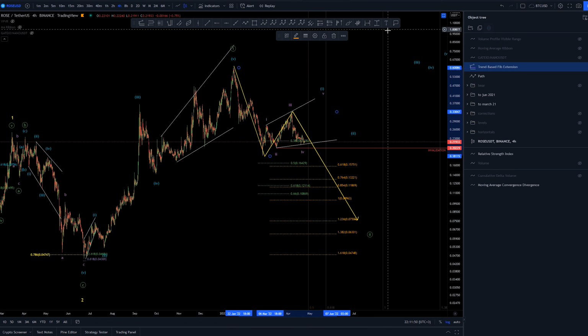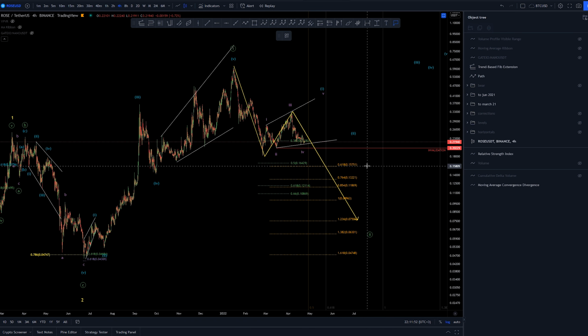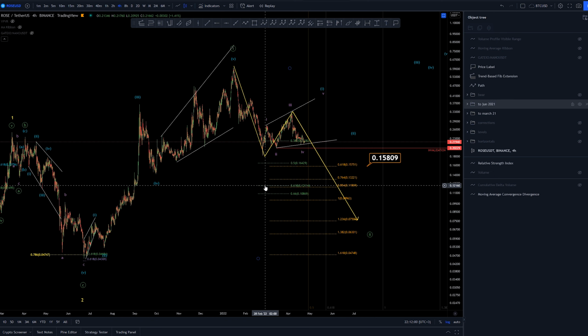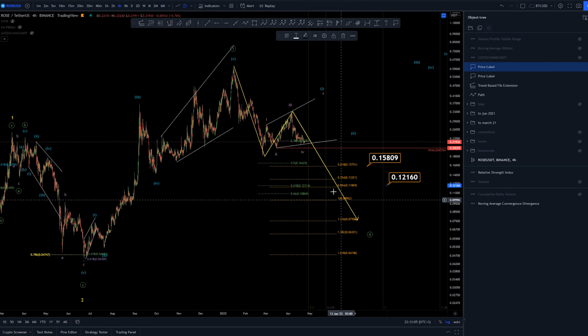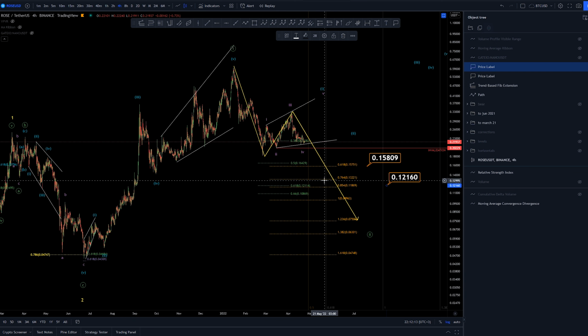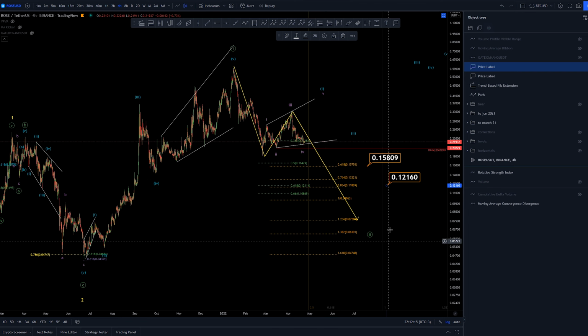So minimum target for this kind of move would be around 15.8 cents. The golden pocket is coming in at around 12 cents, where we have also the 854 retracement of this move down here.